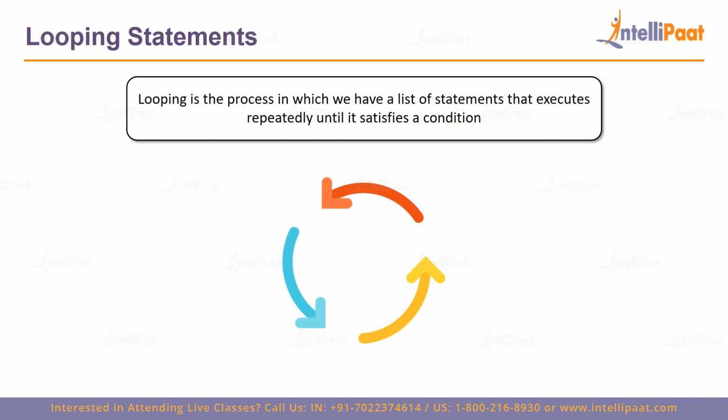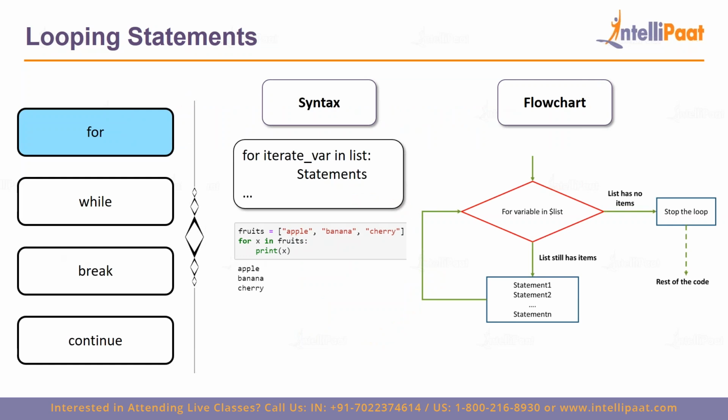So there are many kinds of looping constructs. The first thing is we have a for loop. So a for loop basically allows us to write code in which we can iterate over a lot of things. So this is what the flowchart looks like.